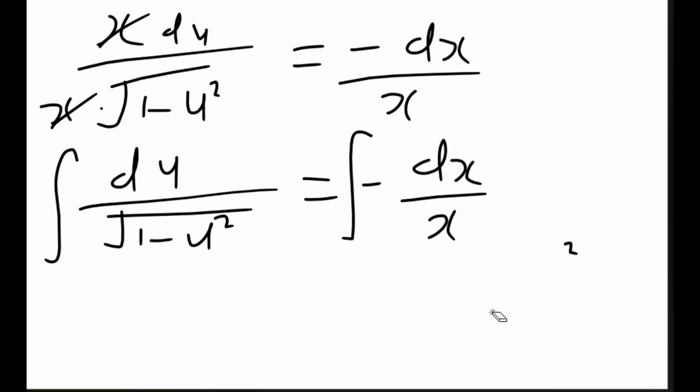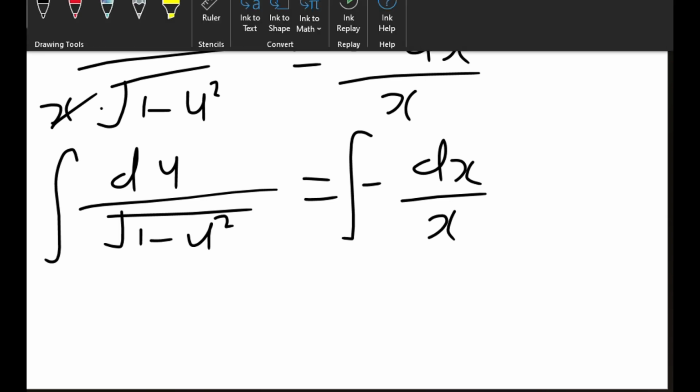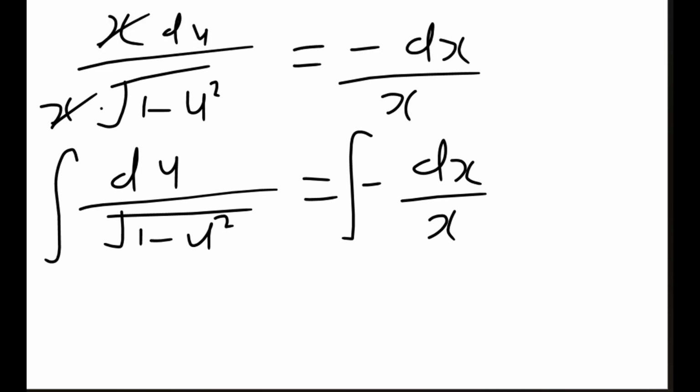We know that, let me wipe this. Yes, we know that from trig identities, the integral of the expression du over square root of 1 minus u squared is going to give us sine inverse of u. So let's write that down.